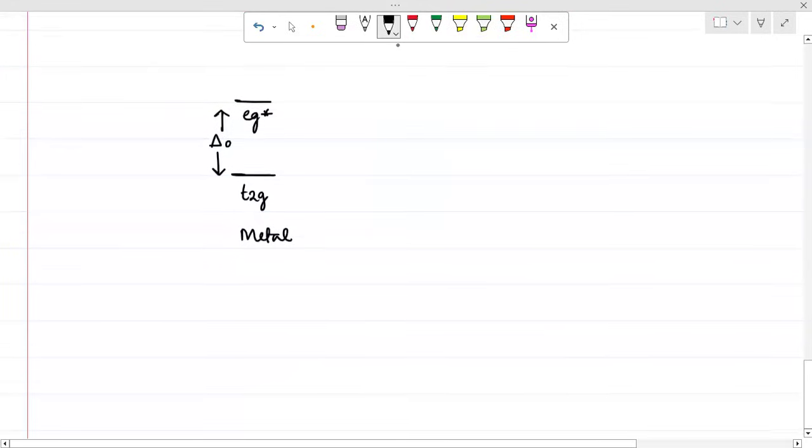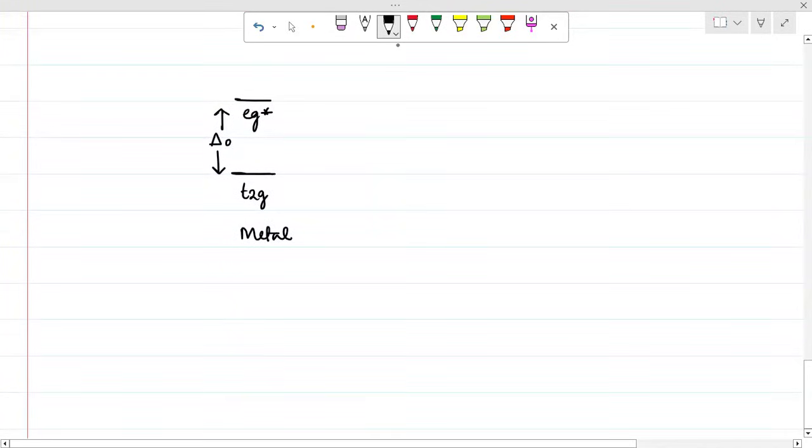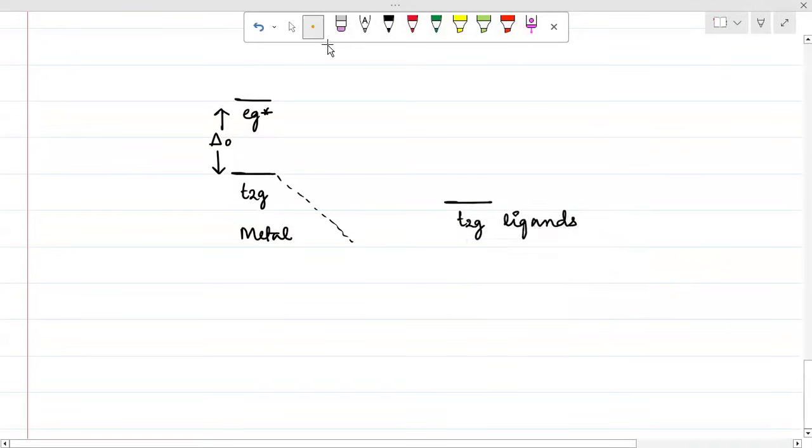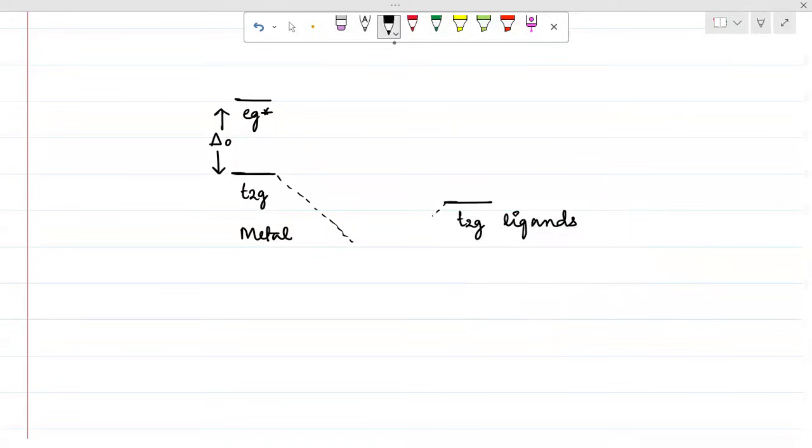When forming the pi bond, the metal T2g will mix with the ligand T2g. The position of the ligand orbital would be lower because the electronegativity of the ligand is higher. So they'll mix. Once they mix, you get T2g over here, forming the pi bond, correct?